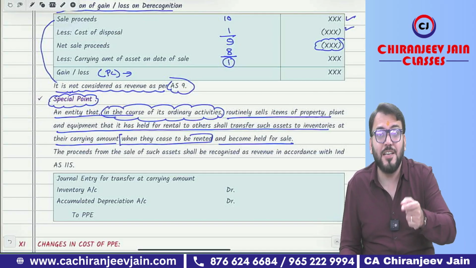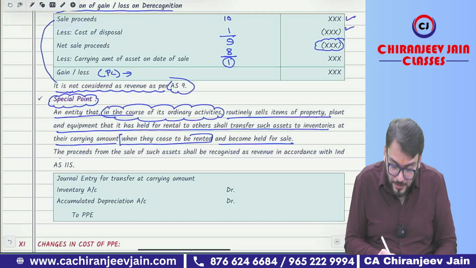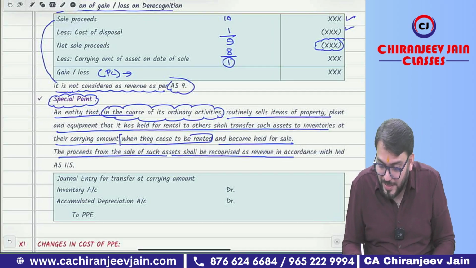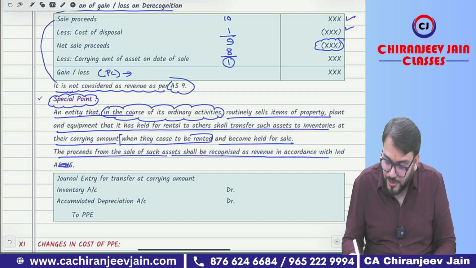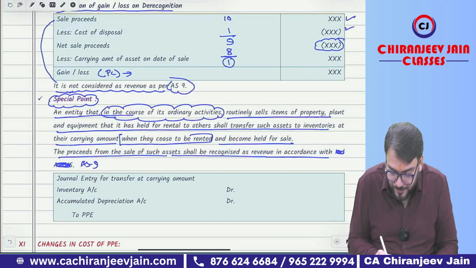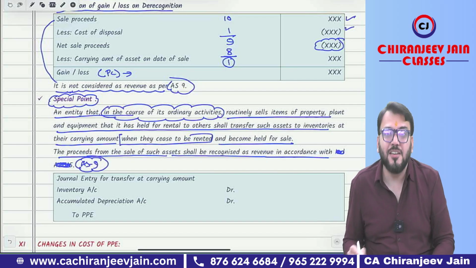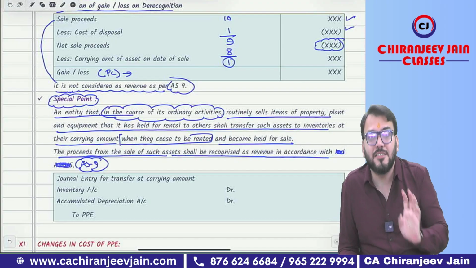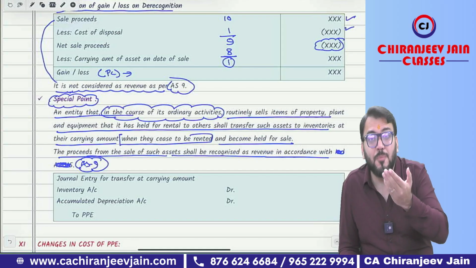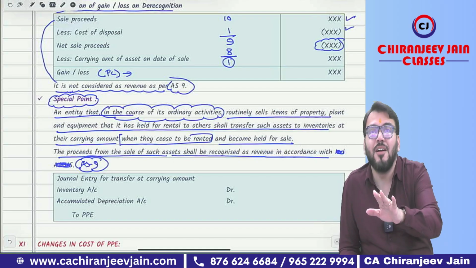We will do reclassification from PP to inventory. The proceeds from sale of such assets shall be recognized as revenue in accordance with AS9, accounting standard 9. So revenue will be discussed under AS9, but the sale of such inventory which is reclassified from PP to inventory will be what? A revenue.